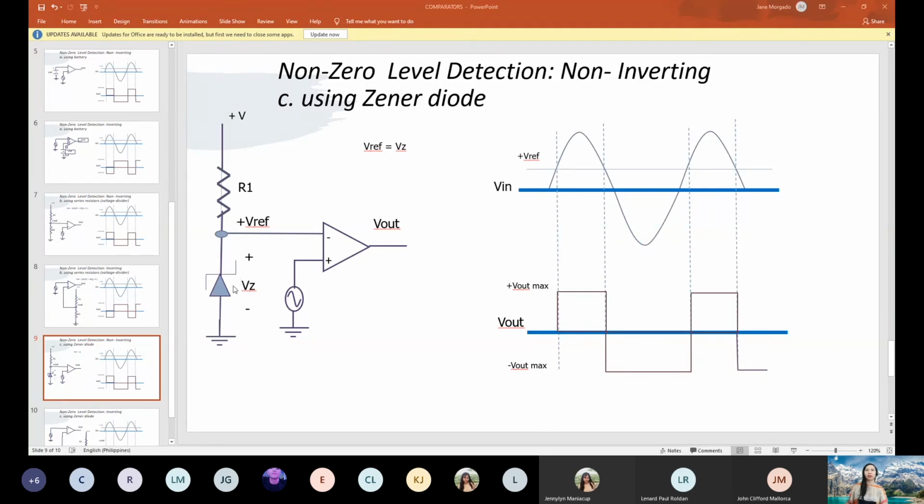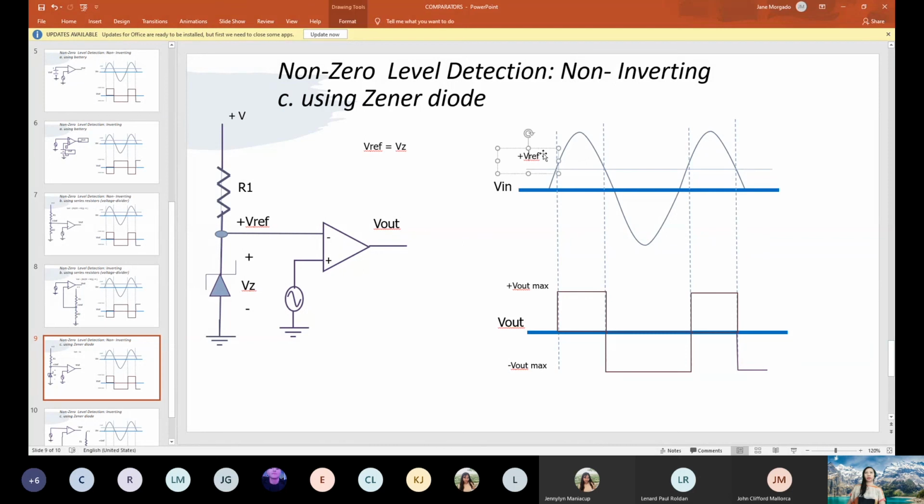But if the Zener diode is connected in reverse bias mode, it exhibits a Zener voltage, wherein the cathode becomes positive and the anode becomes negative. Therefore, your Vref is actually equal to Vz.